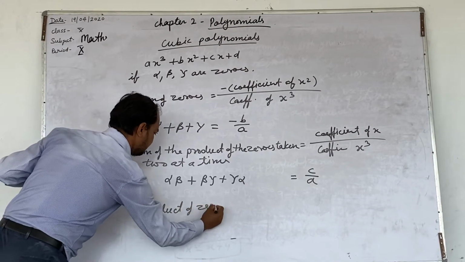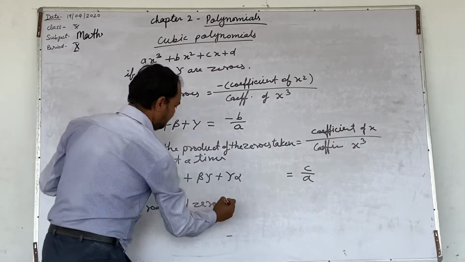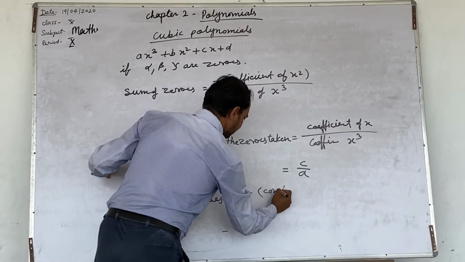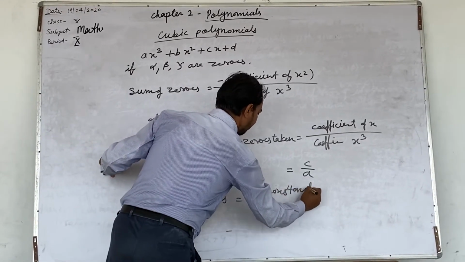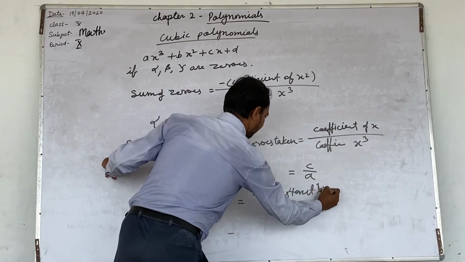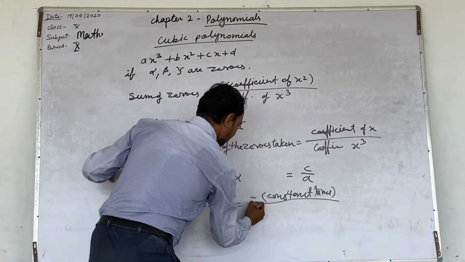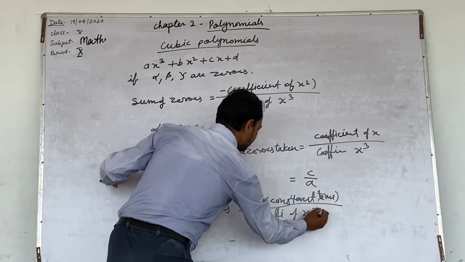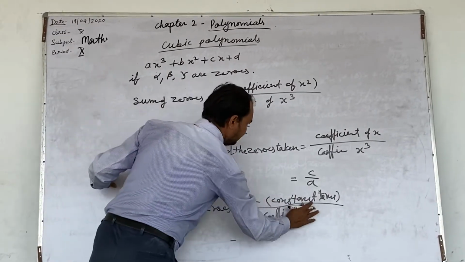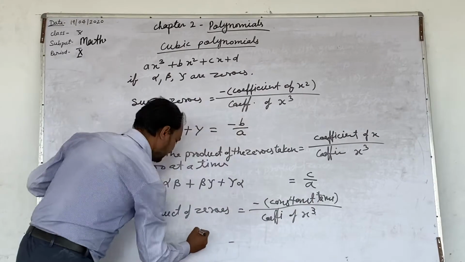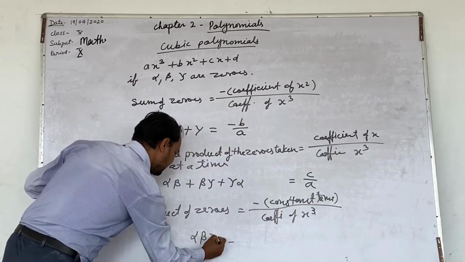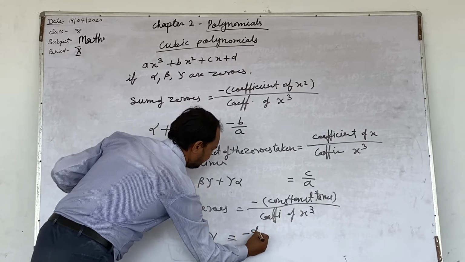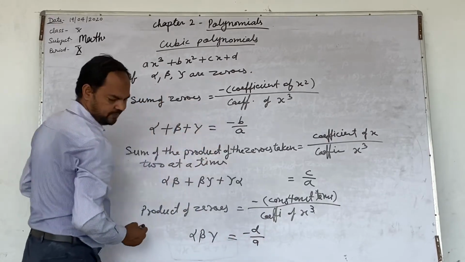Product of zeros equal to minus constant term upon coefficient of x cube. In the formula form, this can be written as alpha beta gamma equal to minus d upon a.